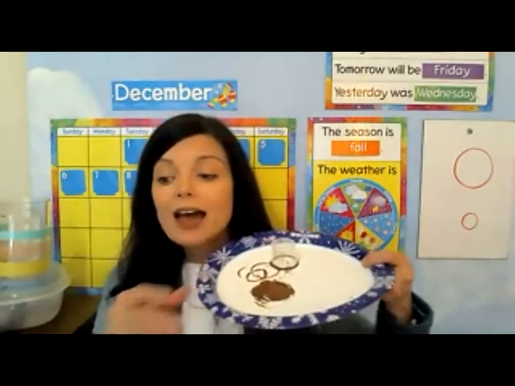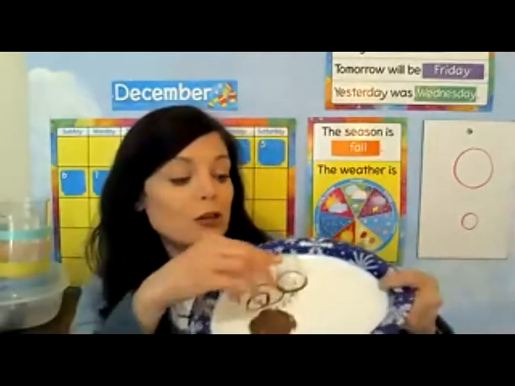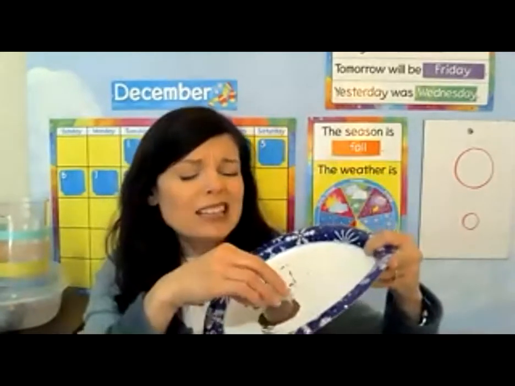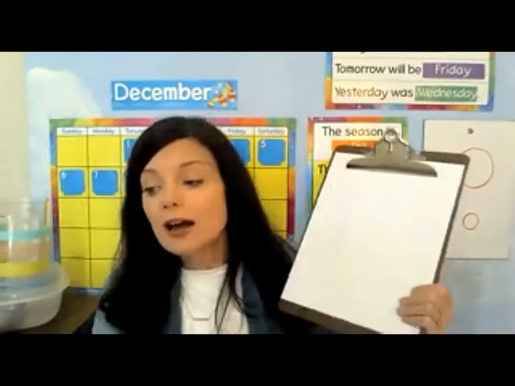Well, I have something else you can do today to practice the color brown. I'm going to be making some letter O's and I'm going to be using brown paint. Of course, you can use any color paint you want, but I chose brown because, hey, that's our color for today. So let's see if we can stamp some O's on this paper.